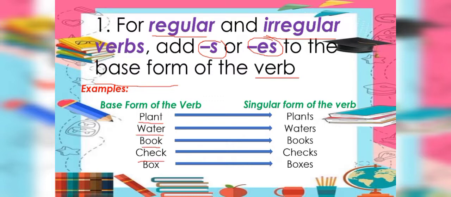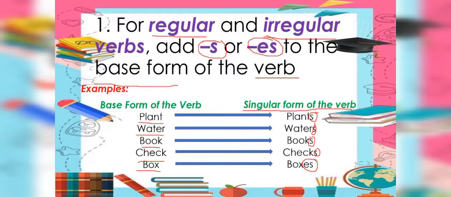We add s to the base form to form the singular form of the verb. And in our last example, box, we add es.